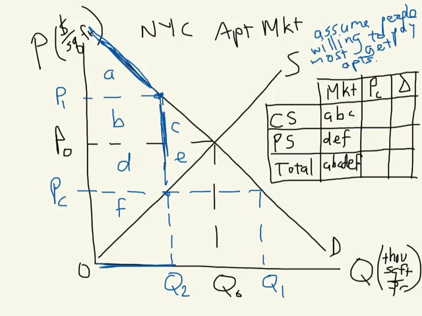But we assume that there are no side payments or anything, so the people that get apartments only have to pay P sub C. So we get area A, B, D goes to consumers now. And of course producers just get area F. And when we look at the total, A, B, D, F, there we have it.